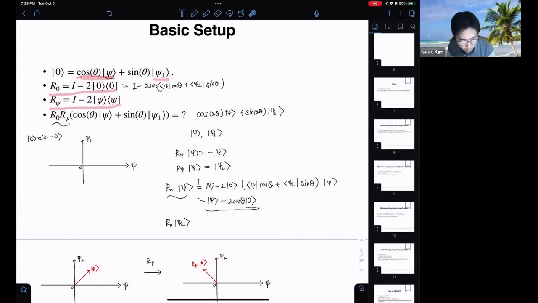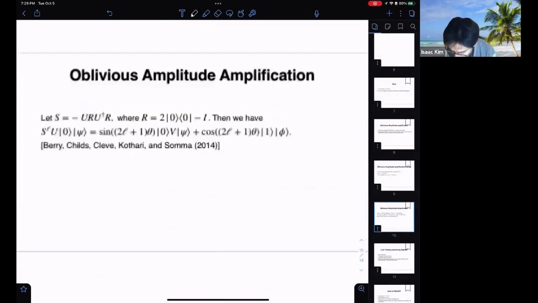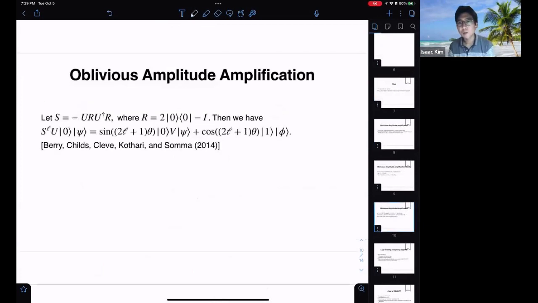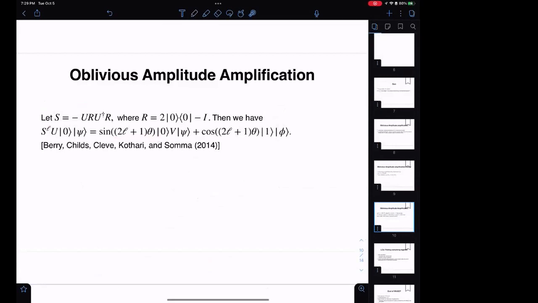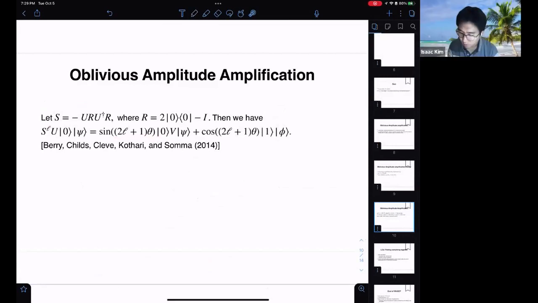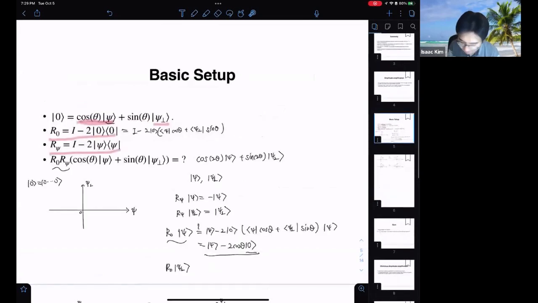Okay, so I think I made a mistake. The reason why I think so is because down the road I will talk about the oblivious amplitude amplification, and I know for a fact that this is the correct statement. And here I get sine. So my apologies.